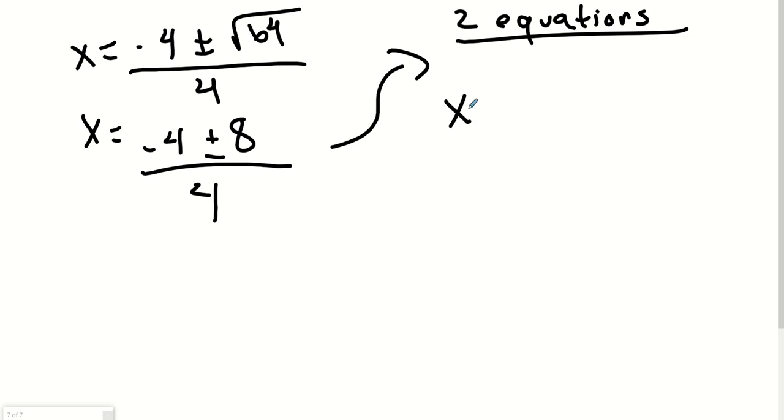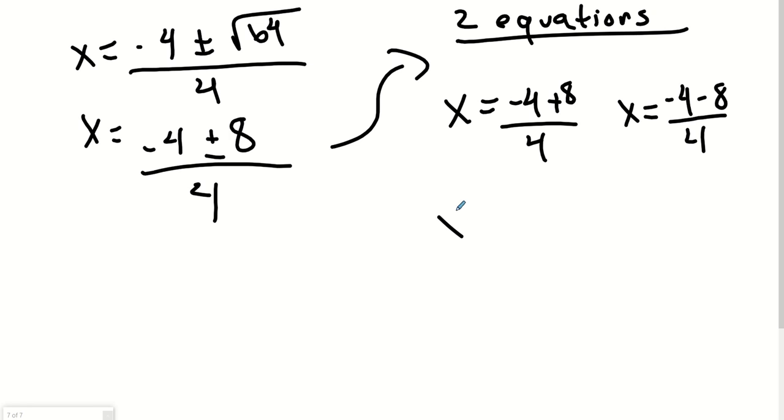You have x equals, and we've done this in class before, so x equals -4 plus 8 divided by 4, and x equals -4 minus 8 divided by 4. Well, -4 plus 8 should be +4 over 4, and we know that 4 divided by 4 just gives us 1.